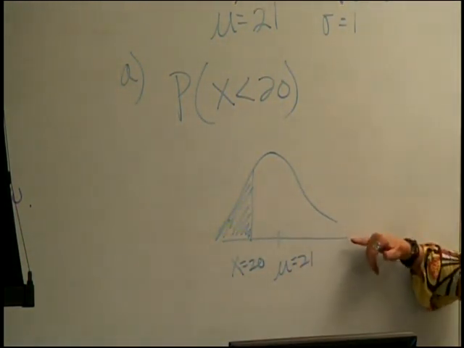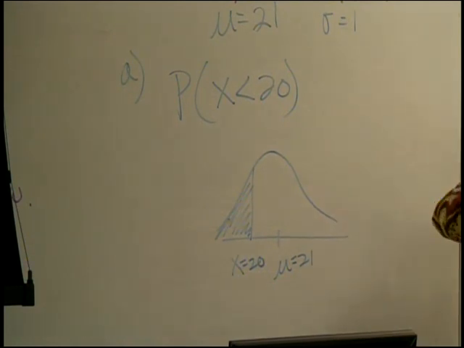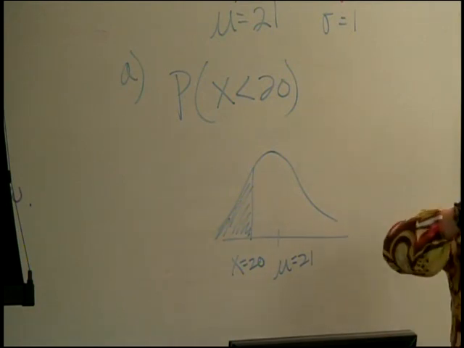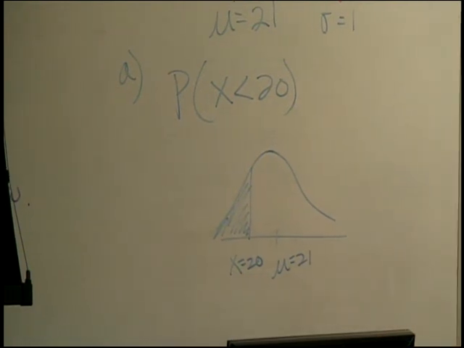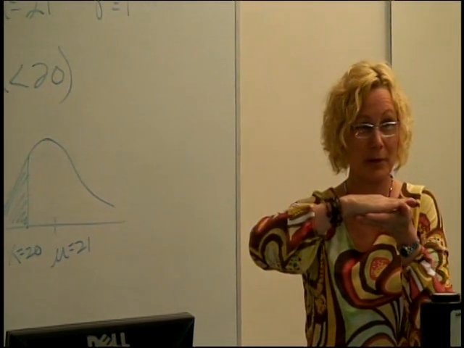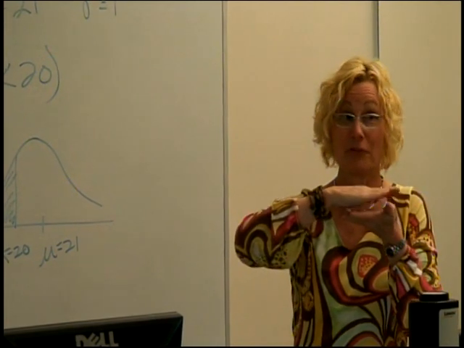The tail never meets the x-axis or crosses it. It just snuggles up closer and closer until the two are almost indistinguishable from each other.